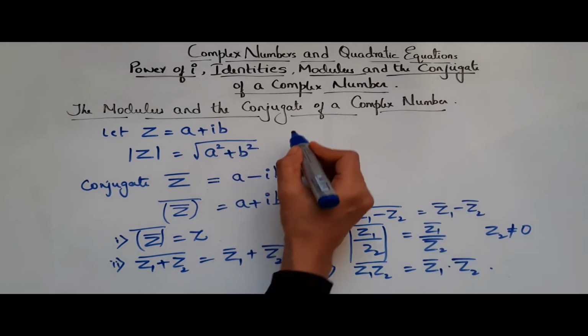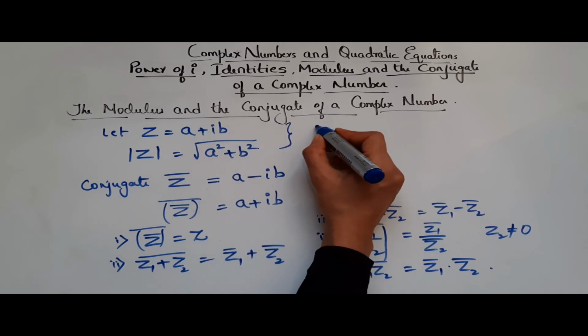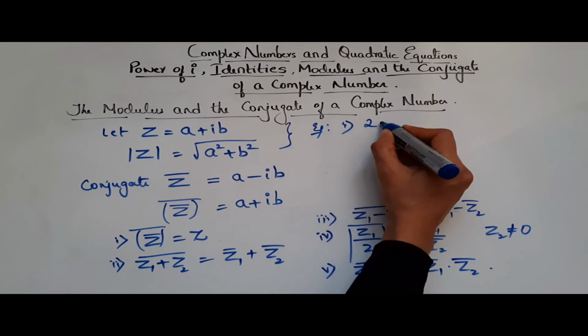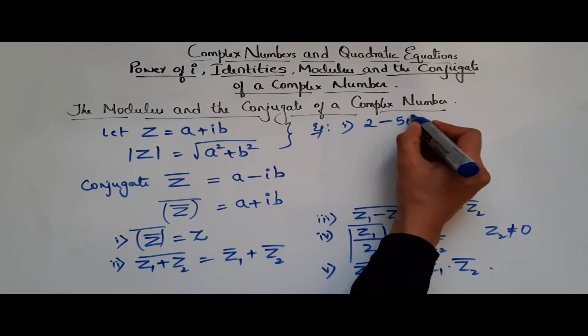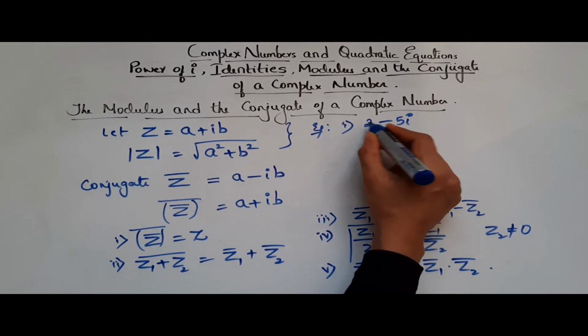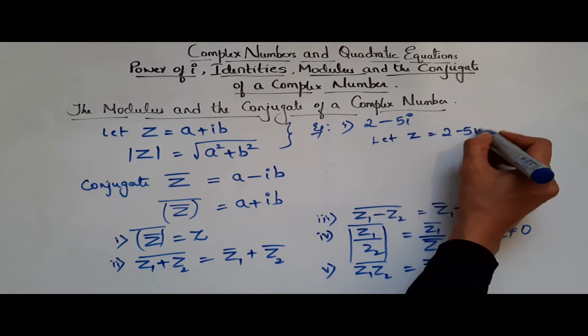Here let me give one example for the modulus of a complex number. Let's take any complex number, let's say 2 - 5i. What is the modulus of this complex number? Let z equal 2 - 5i.